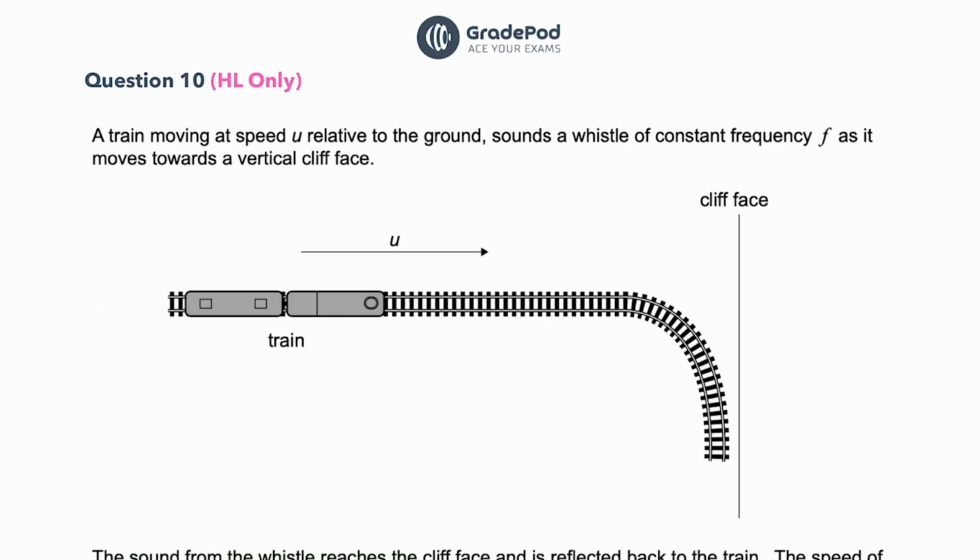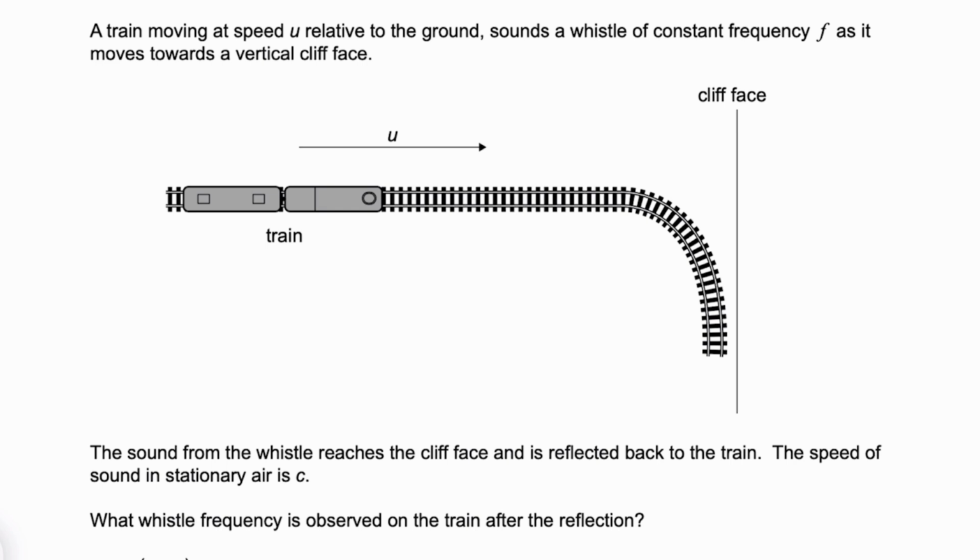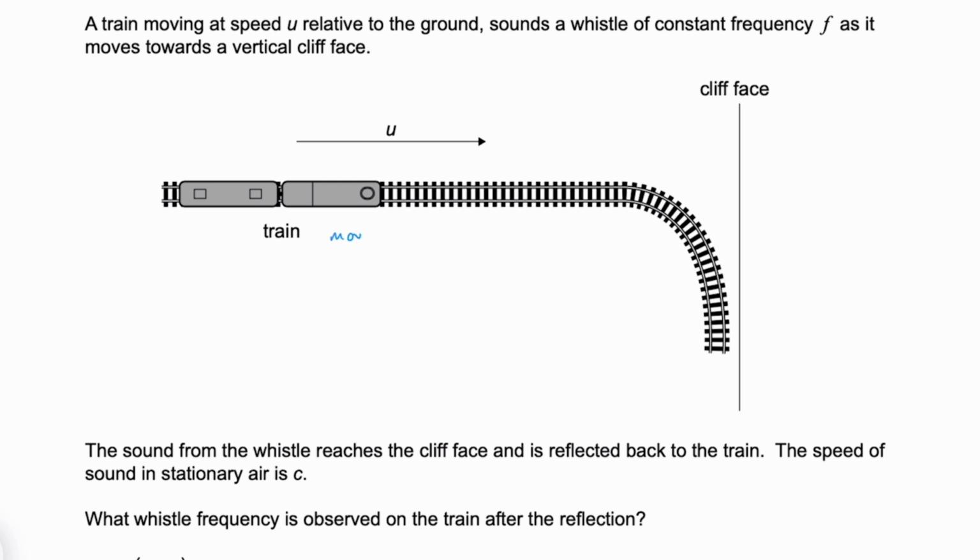Question 10. A train moves at speed u relative to the ground, sounds a whistle of constant frequency f as it moves towards a vertical cliff face. The sound from the whistle reaches the cliff face and is reflected back to the train. The speed of sound in stationary air is c. So we have, to begin with, a moving source, and that has speed us.